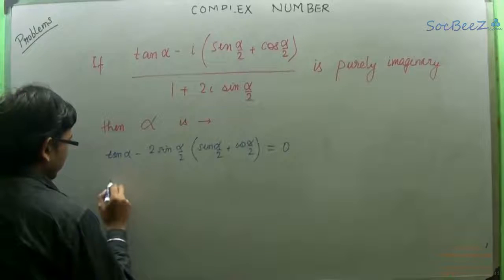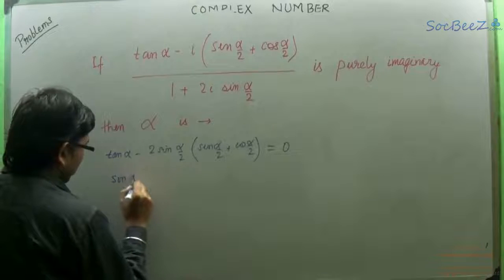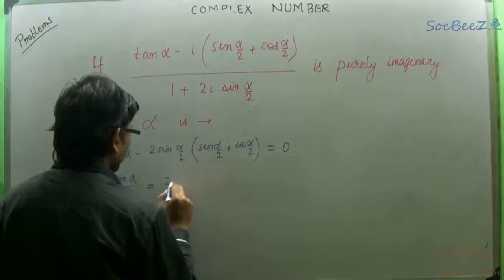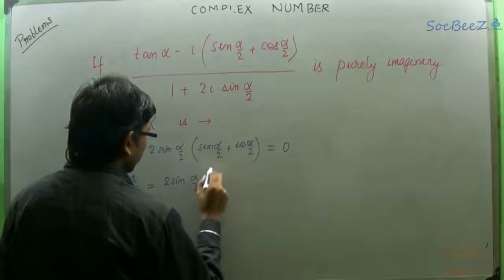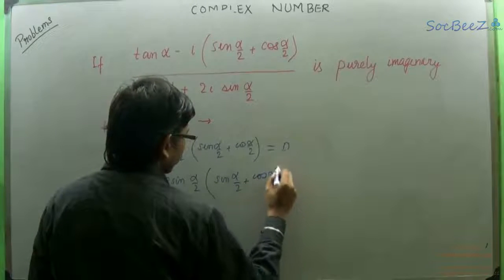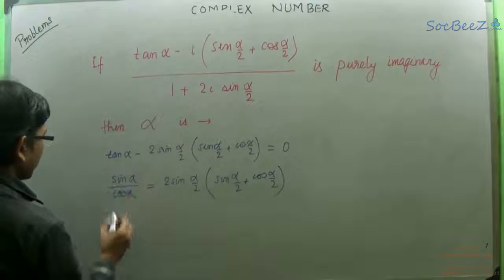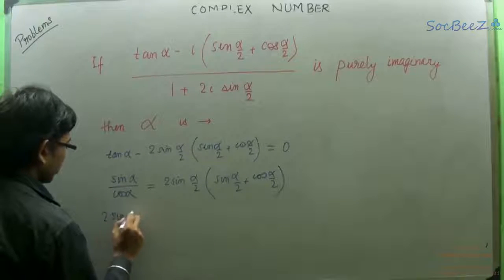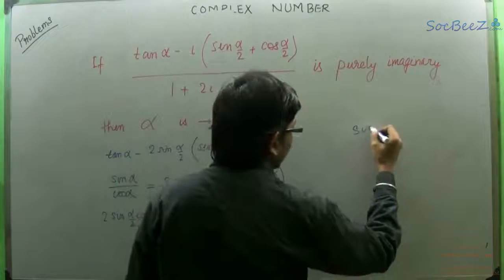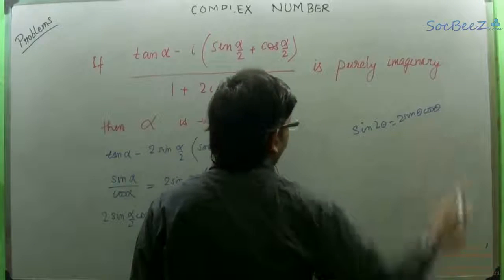Or we can write tan alpha as sin alpha upon cos alpha, which is equal to 2 sin alpha upon 2 times sin alpha upon 2 plus cos alpha upon 2, right? Again, sin alpha can be written as 2 sin alpha by 2 cos alpha by 2, using the same expression, sin 2 theta is equal to 2 sin theta times cos theta, isn't it?